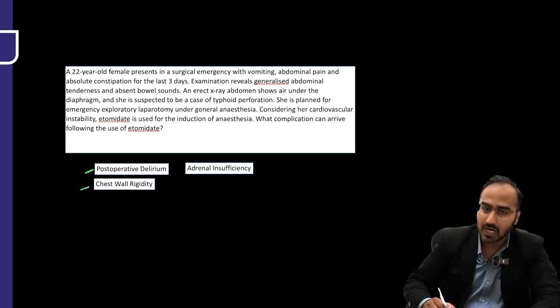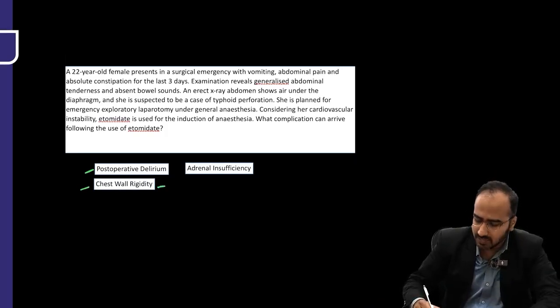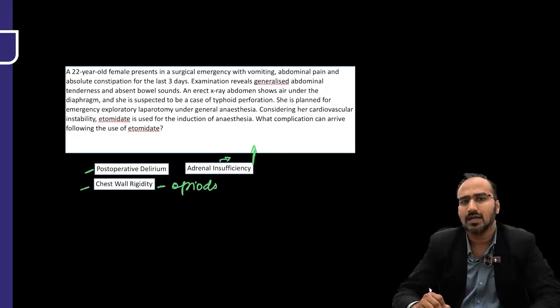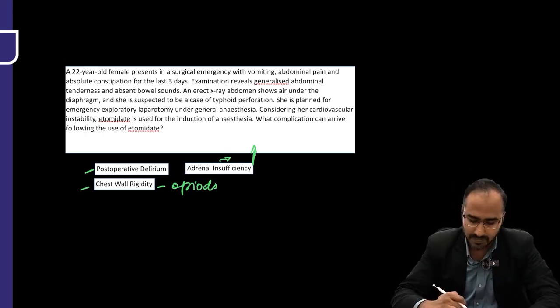Chest wall rigidity is not with etomidate. Chest wall rigidity is commonly seen with opioids. The most common side effect of etomidate use is adrenal insufficiency. Whenever it is given as a long-term infusion, it can land the patient into adrenal insufficiency.